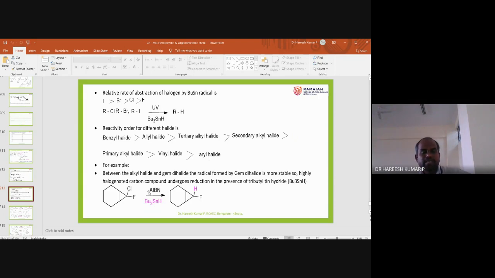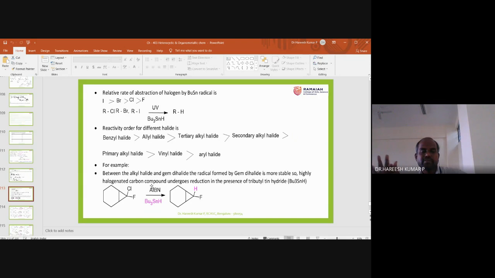Okay. So for example, I think you are aware of the gem halide. If two halogens are attached to the same carbon atom, that is called a gem halide. And one more type is a simple halide.